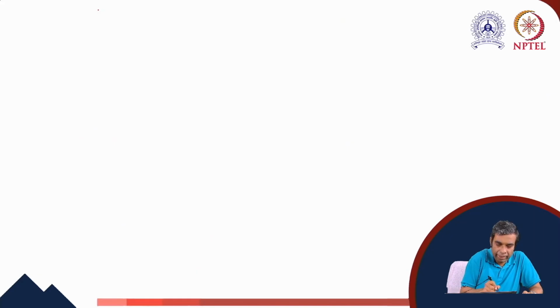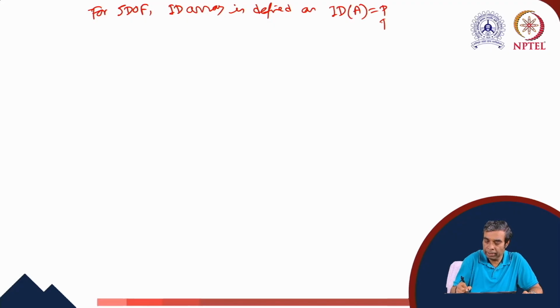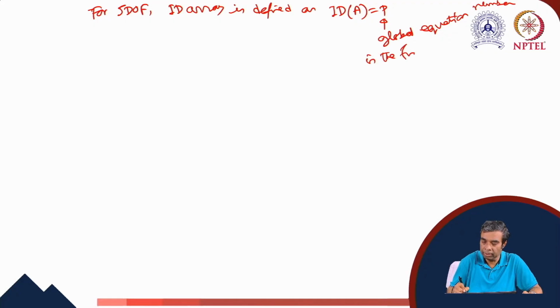For an SDOF case, we define the ID array as ID of A equals P, where P is the global equation number in the final matrix equation system.